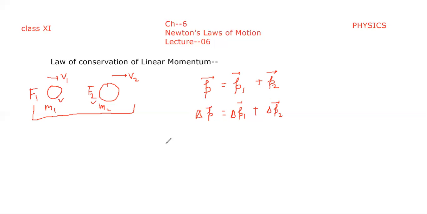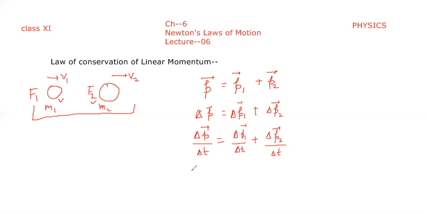Now if we divide all of this by delta t, we can say that delta P upon delta t equals delta P1 upon delta t plus delta P2 upon delta t.